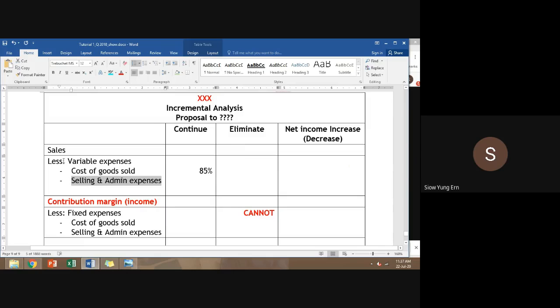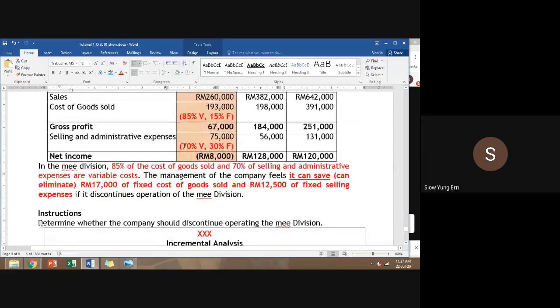Variable selling and admin, correct, 52,500, which is 70% of 75,000.